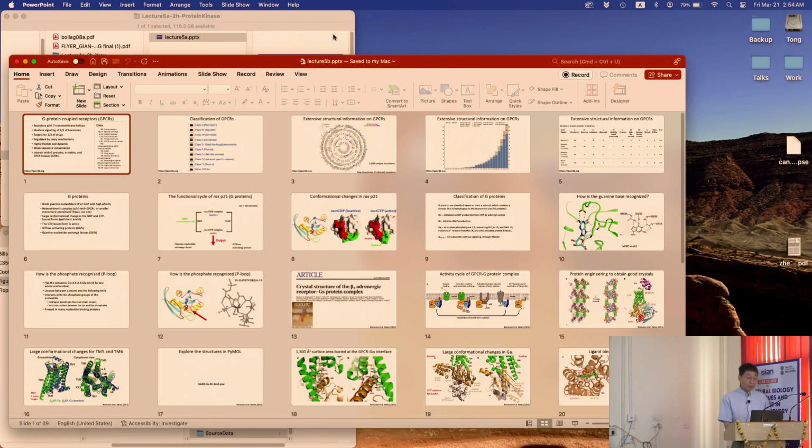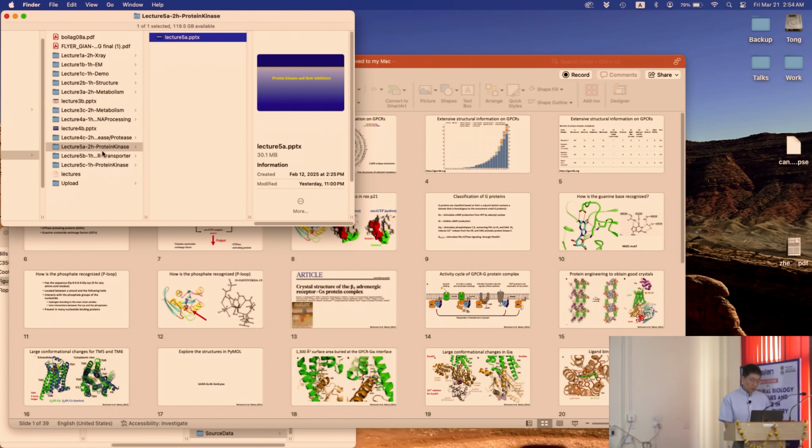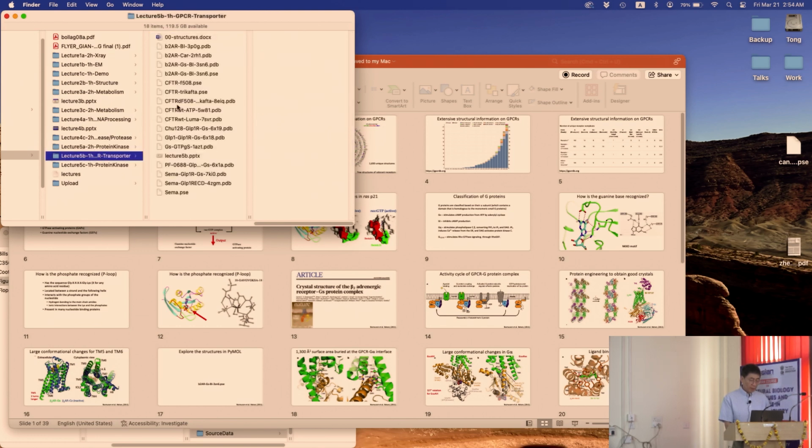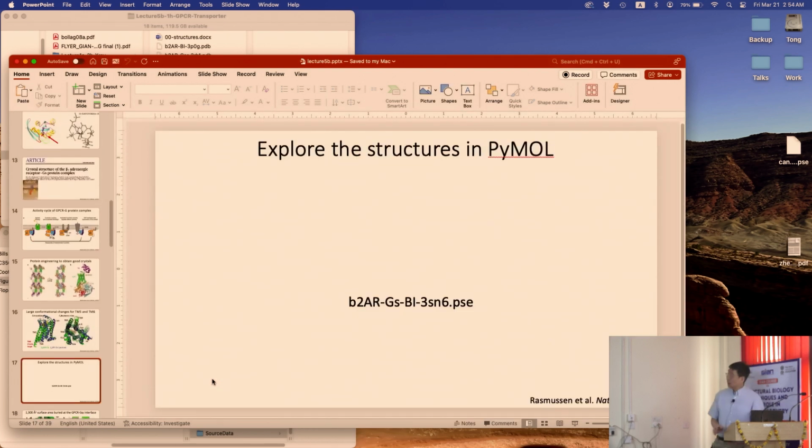We will not spend time looking at the structure, but I made some movies, so I'll just show you the movies. After your lunch, we'll have another hour, and we'll make some movies or other things. But this is to give you a sense, because that figure is too complicated, is that right?